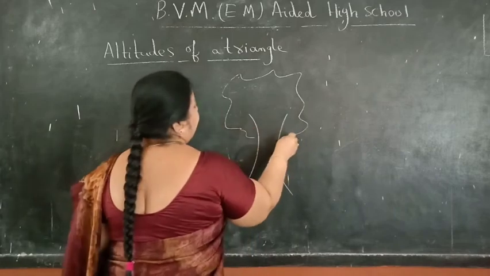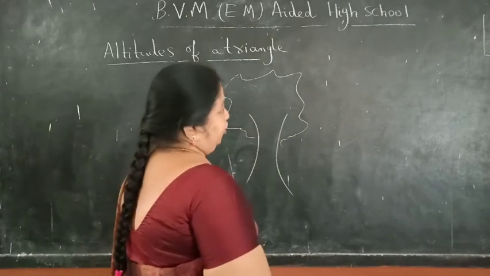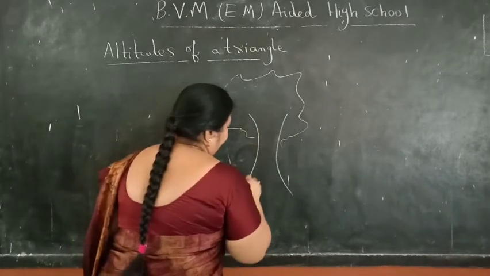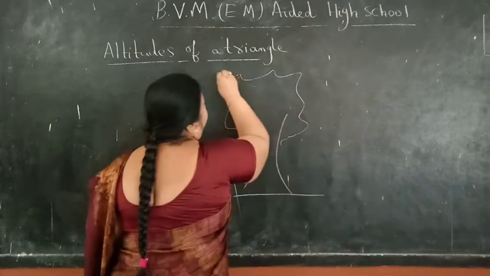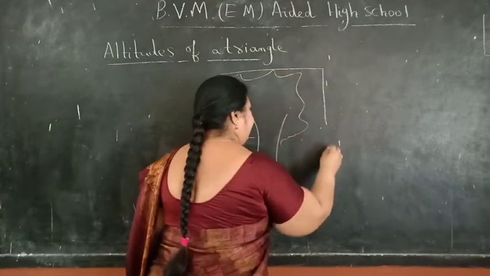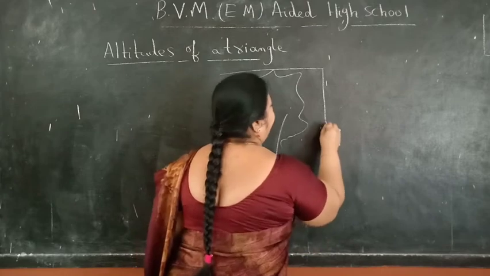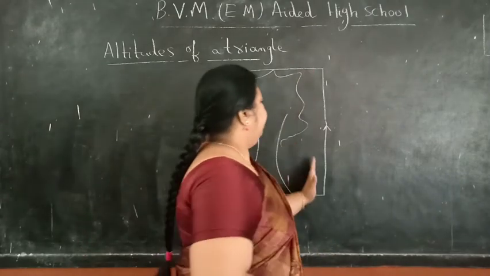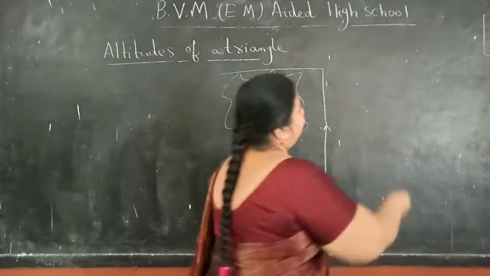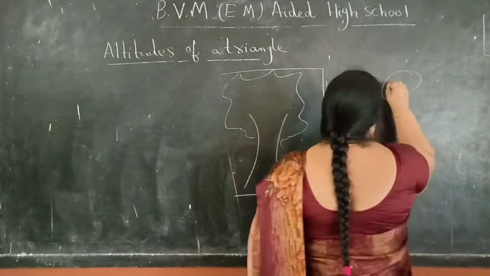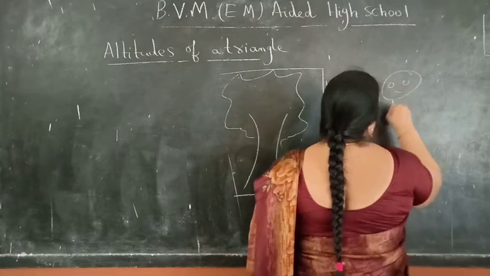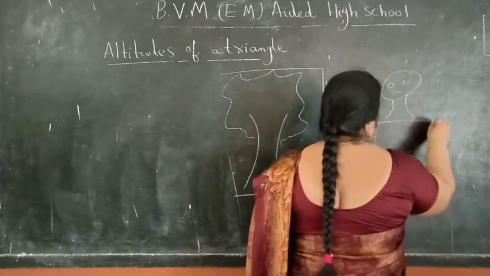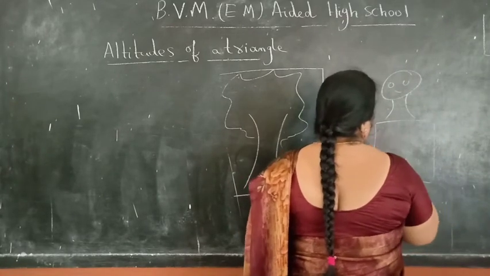This is not a correct shape, so at that time you draw it like this, and you find the height as this length. Suppose you take a person, how do you measure the height?